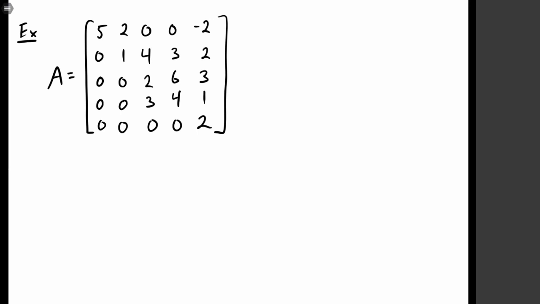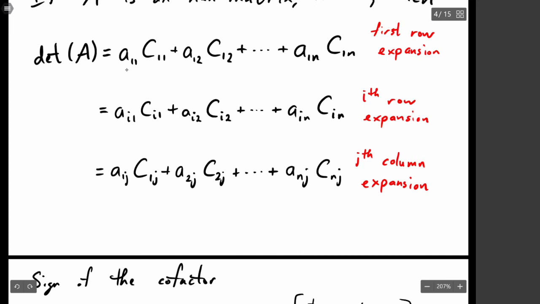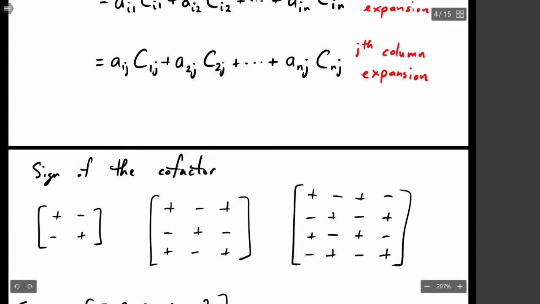Right? This is really where the power of being able to choose any row or column comes in. All right? So if we look here, think about how these determinants are written out. We're always multiplying by the entry. It's always entry times cofactor.